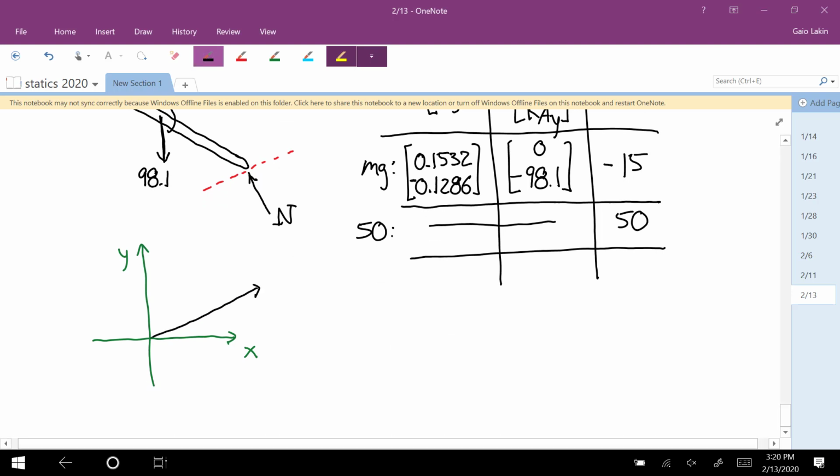So that's 10. And then the vector we want is 90 degrees from that. So this one has a theta of 10. This one has a theta of 10 plus 90, so 100.